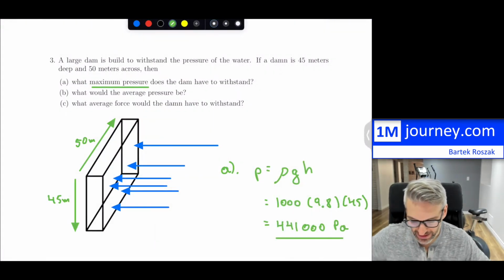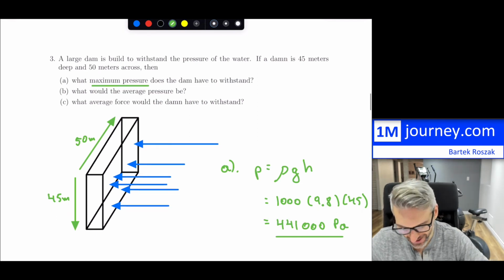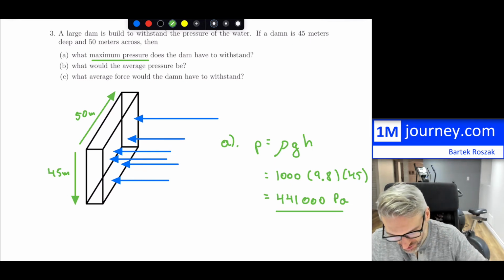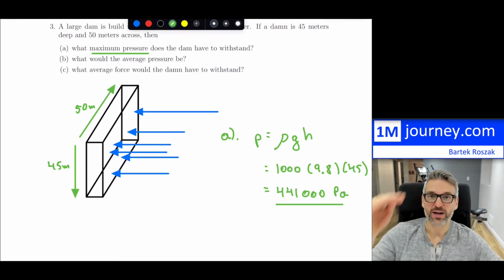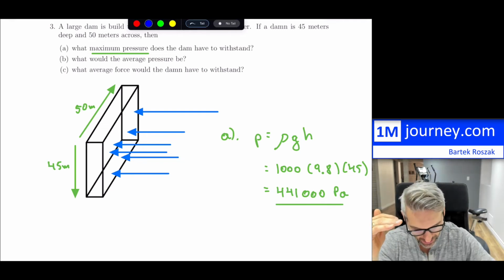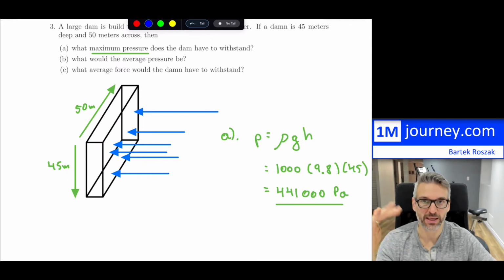Now, what would the average pressure be? This is a good question, because what is interesting is that the pressure changes linearly as you go down, proportionally to the height. Notice that the density of water pretty much stays the same all the way through, and the gravity definitely doesn't change.